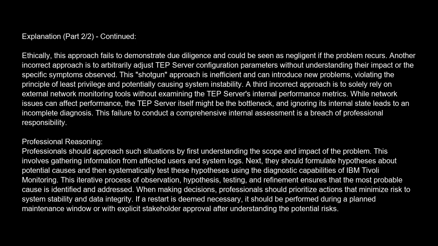This iterative process of observation, hypothesis, testing, and refinement ensures that the most probable cause is identified and addressed. When making decisions, professionals should prioritize actions that minimize risk to system stability and data integrity. If a restart is deemed necessary, it should be performed during a planned maintenance window or with explicit stakeholder approval after understanding the potential risks.